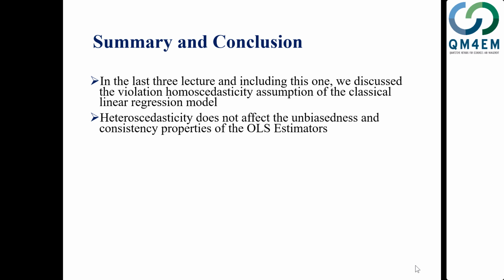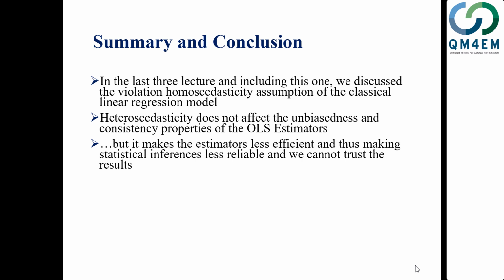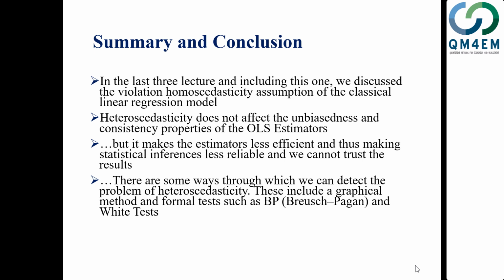However, it makes the estimators less efficient, and they are no longer the best estimators, and because of that they become less reliable, and we no longer trust the results of the OLS estimators. Then we discussed that there are a number of ways through which we can test if there is a problem of heteroscedasticity: the graphical method and then formal tests, the BP and White tests, or other tests as well.